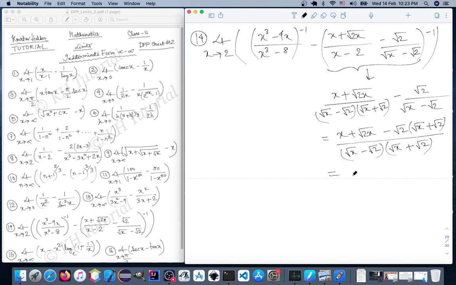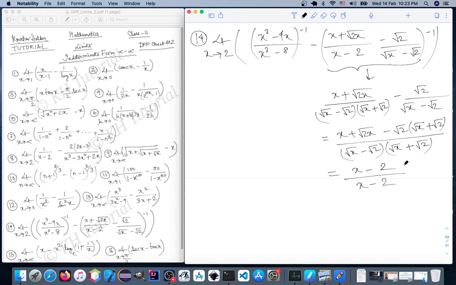This gets simplified: root 2x cancels out and we are left with x minus 2. Also if we multiply both the factors in the denominator, we get x minus 2. So basically this is 1.